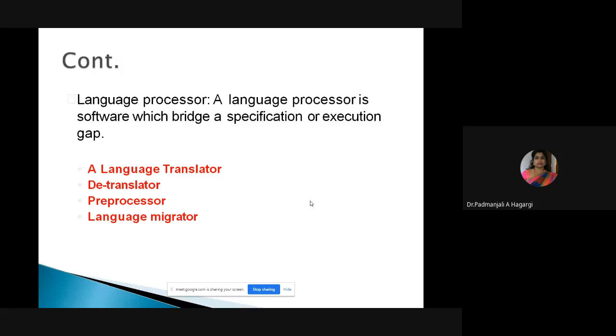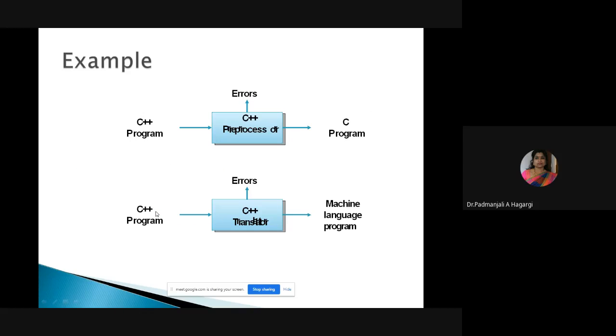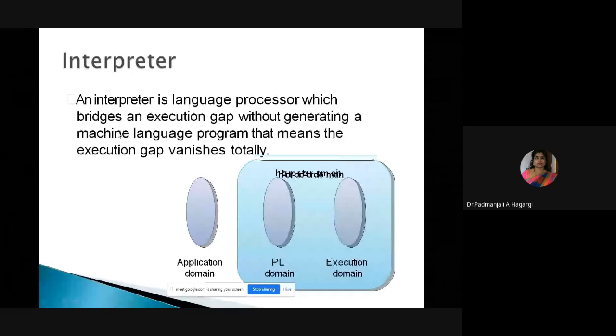Whenever a high level language is translated into machine language, it reads in zeros and ones, and after that it is translated back into the higher level language. I have also told you that an interpreter is a processor which bridges an execution gap without generating a machine language program.